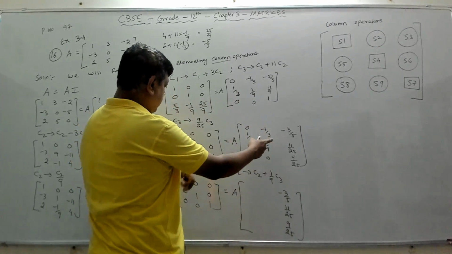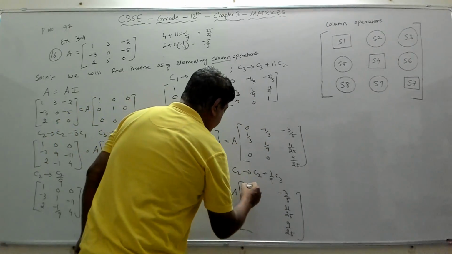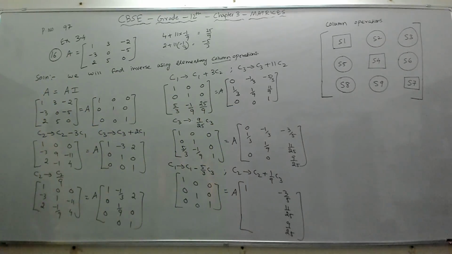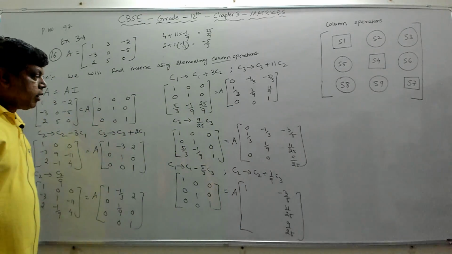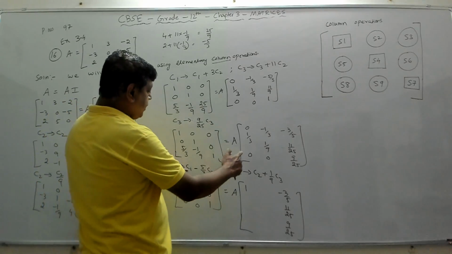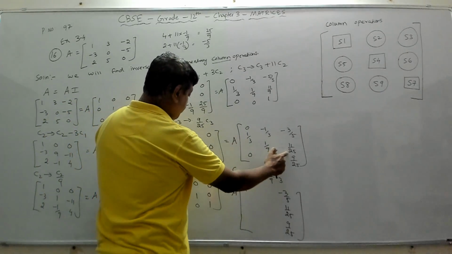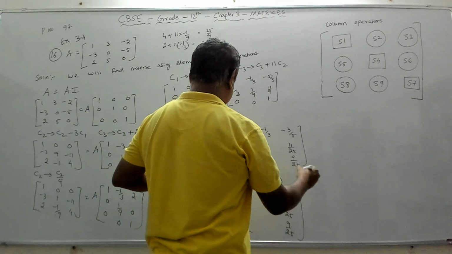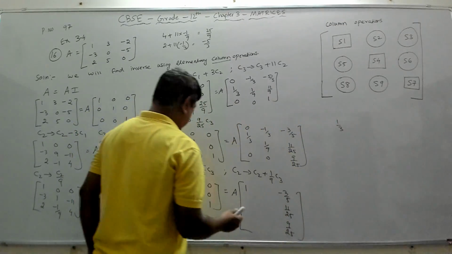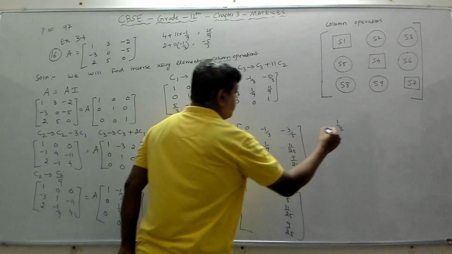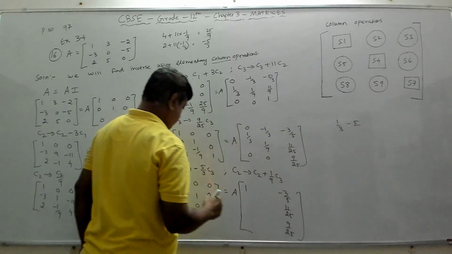So that will become 0 plus 1, which will give you 1. Next, 1 by 3 minus 5 by 3 of 11 by 25. So how do we do that? That is 1 by 3, that is my C1, minus 5 by 3 of C3.